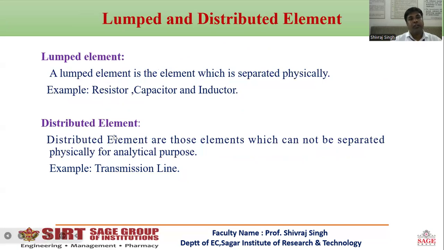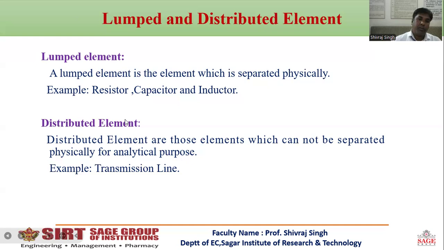Lumped and distributed elements. A lumped element is an element which can be separated physically. For example, resistor, capacitor, inductor. If in any circuit lumped elements are physically easily separated and replaced by another element like resistor, capacitor, and inductor, that means in the circuit it is easy to remove.